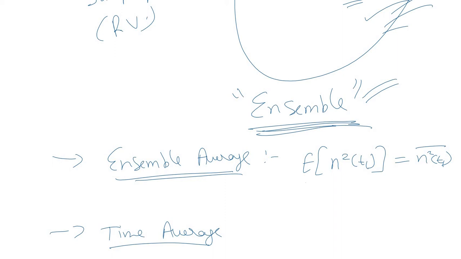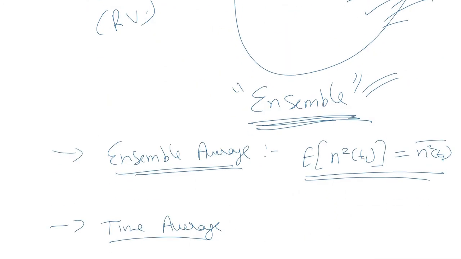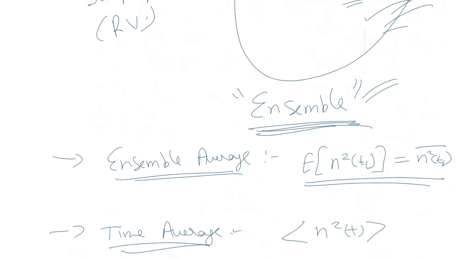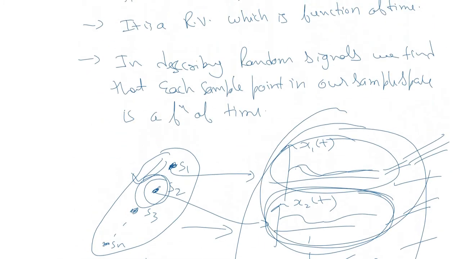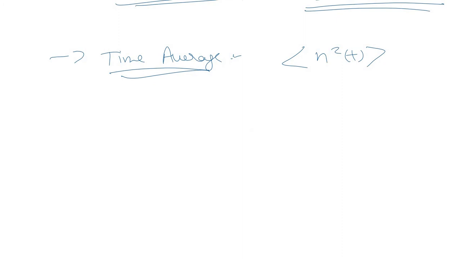The ensemble average refers to the overall average over all the waveforms, while the time average is determined by measurement on a single sample function at successive times. So this is for a single waveform over different time intervals, and the ensemble average is collectively for all the waveforms.